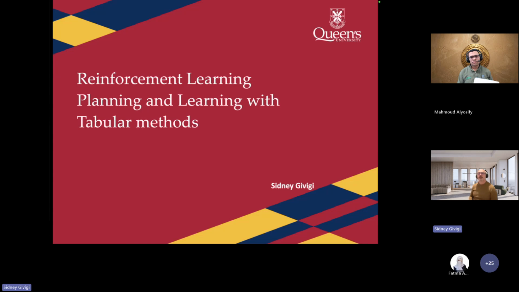Like we humans, we do this all the time. Sometimes we learn from doing things, and sometimes we learn from thinking about things. Planning is kind of like learning from thinking about actions and tasks, while what we call learning is when we learn from interaction. And then we're going to see how this plays out in reinforcement learning specifically.